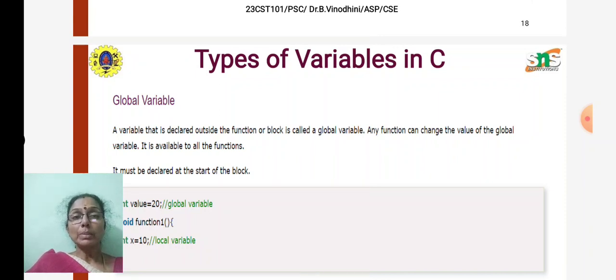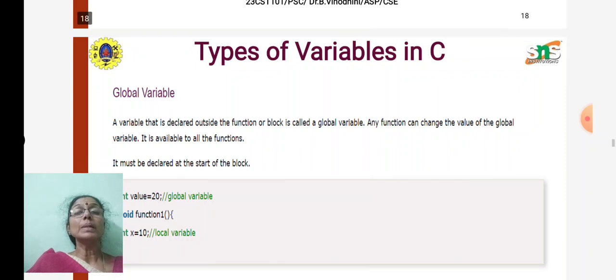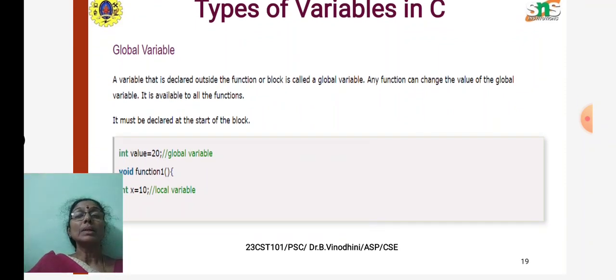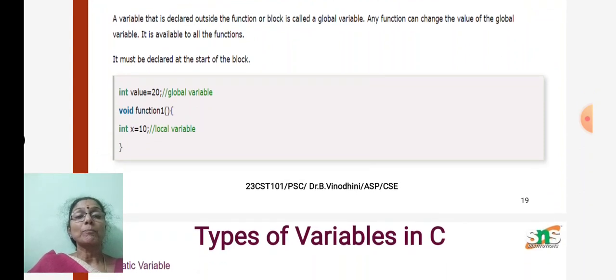The global variable should be declared outside the function, before the start of the function block. This is an example of a global variable. Here the value is equal to 20, declared as global, and x is declared as local. So x equal to 10 is local to the corresponding function, and the value 20 is common to the given program.